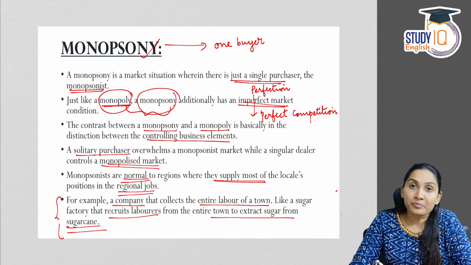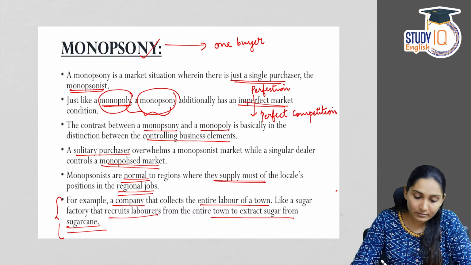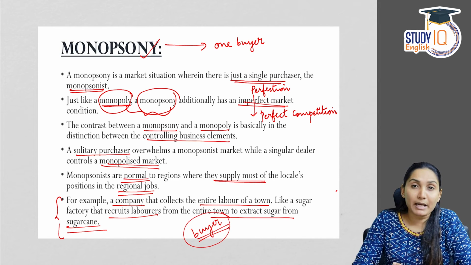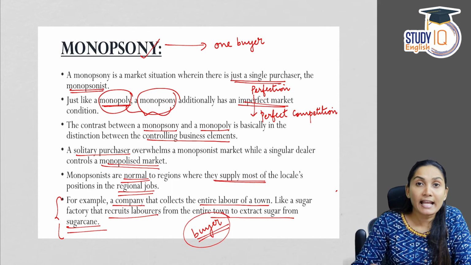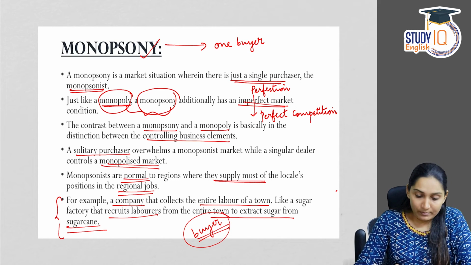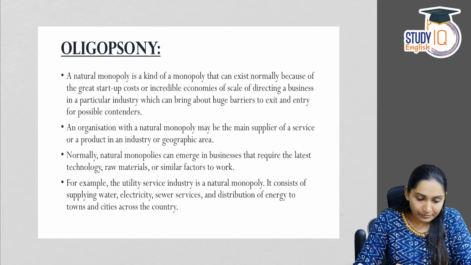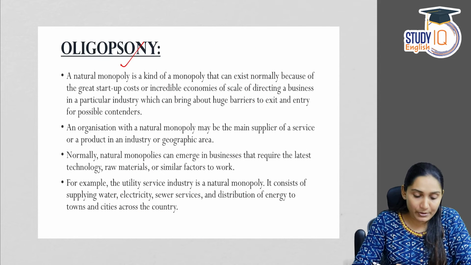So here you see there is only one single buyer here. So this buyer, in this example, a company is the buyer here, and the company purchases the entire labor from the town. Next is oligopoly.